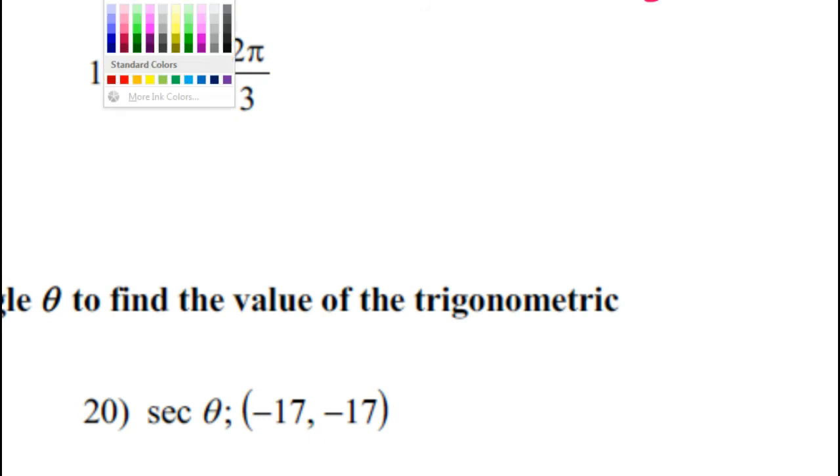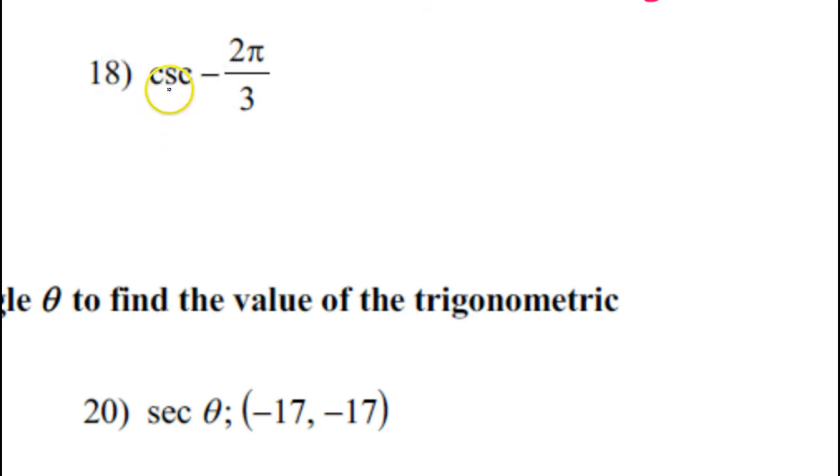So what I recommend is when you have a reciprocal trig function, go back to the basic trig function first. Cosecant is the reciprocal of the sine function. So start with the sine function. The reference angle of -2 pi over 3 is just pi over 3.